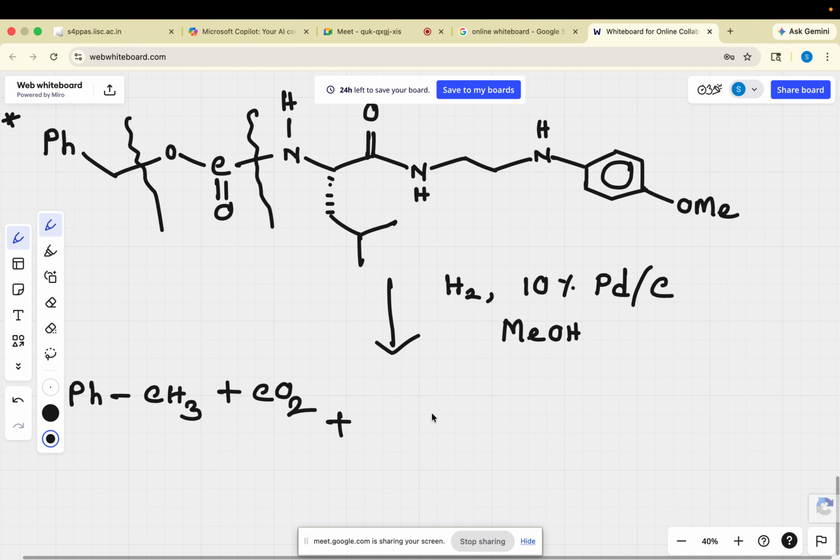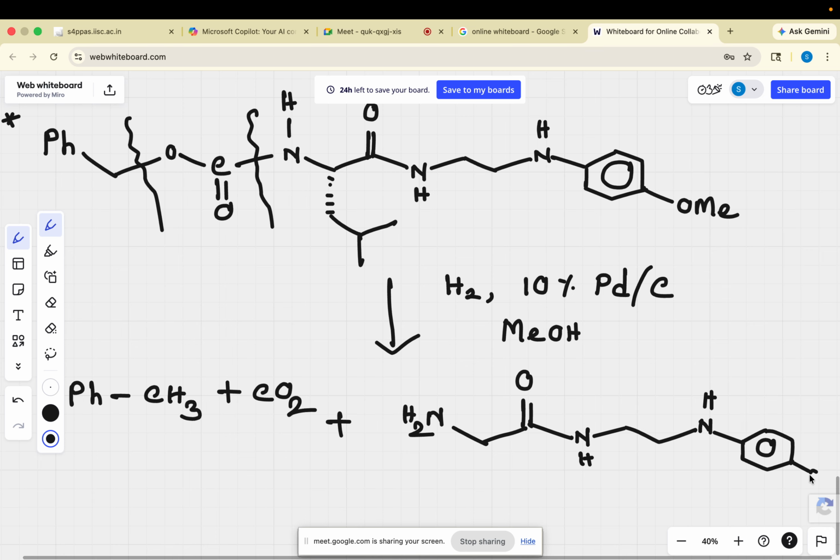And what is the left part you have? You have this amine part, NH2, and now you have this double bond O. Here you have NH, and here you have this. So this part remains the same, nothing is changing here.